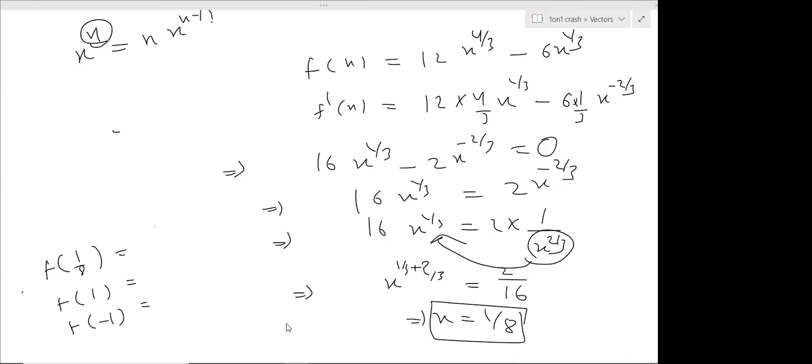So let's start with the second derivative.